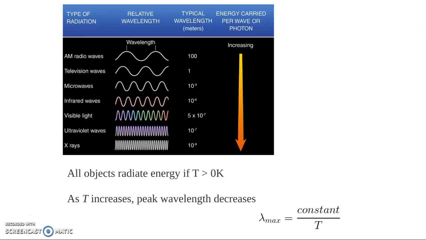So as the temperature increases, the wavelength decreases. So hotter objects such as the sun will emit more short wavelength radiation, ultraviolet waves, visible light, so on. And colder objects such as the Earth will emit longer wavelengths such as infrared waves.